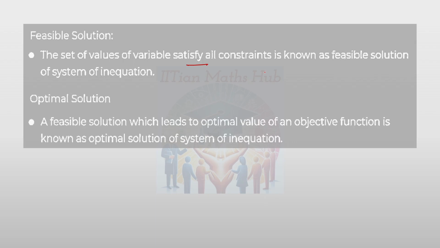However, the optimal solution is that solution that will give you the maximum or minimum value according to your objective function. So a feasible solution which leads to the optimal value, or we can say the maximum or minimum value of z of an objective function, is known as the optimal solution of the system of equations. I hope that this is clear. Can we go to the next part?